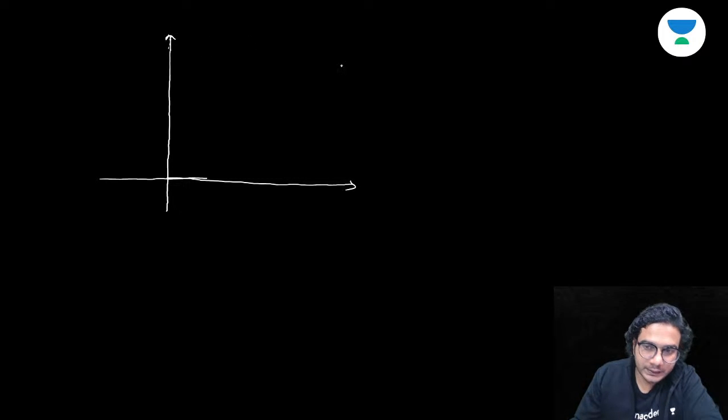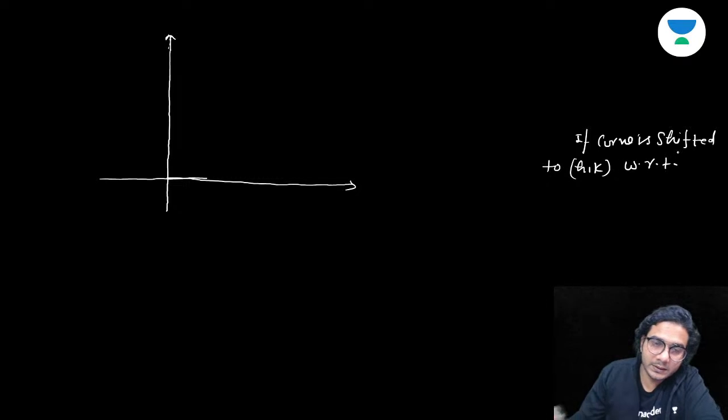If the curve is shifted to h comma k with respect to origin, that means horizontally translated by h units and vertically translated by k units, the complete curve.